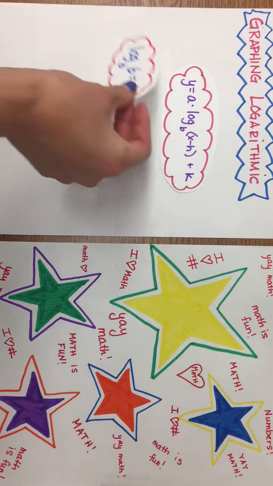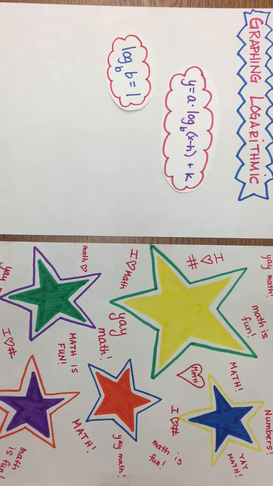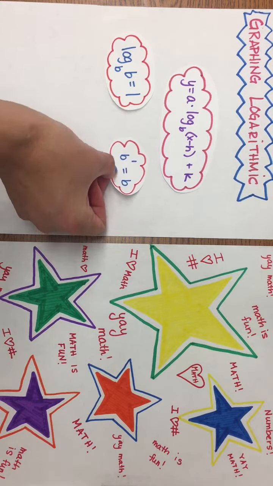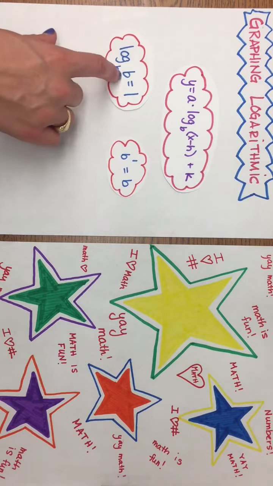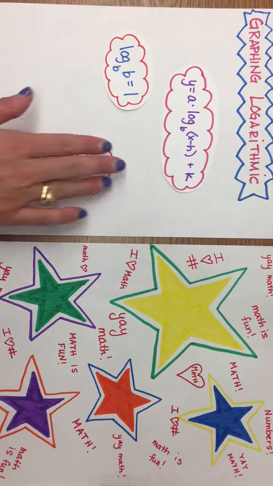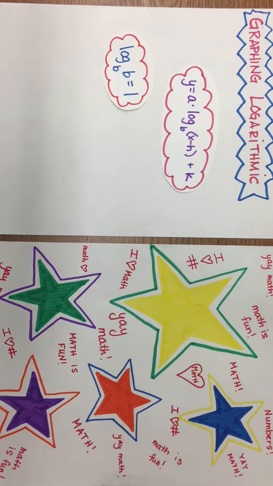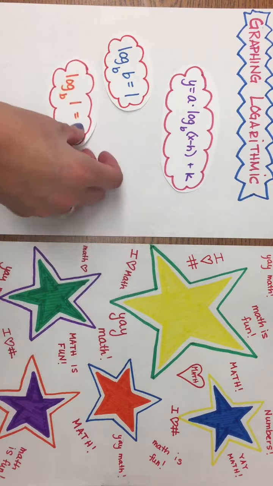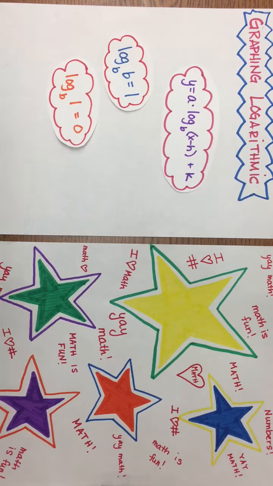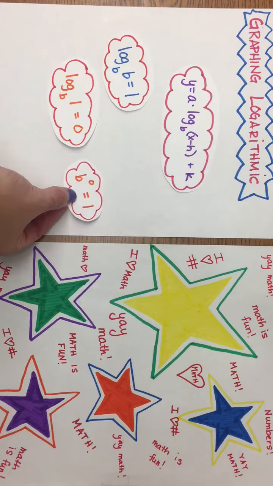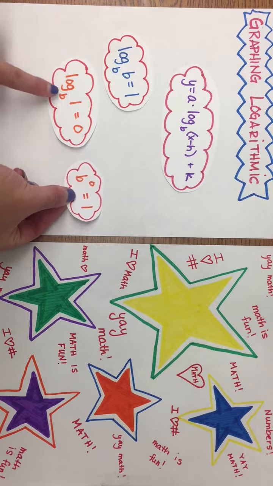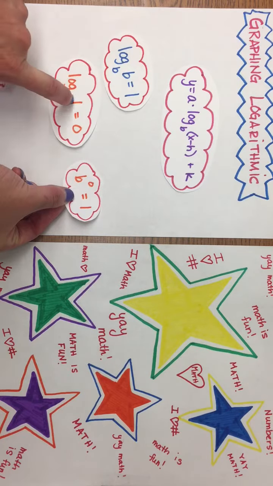We're also going to use a few key logs. Log base b of b is equal to 1. This is equivalent to saying b to the 1 is equal to b. We're also going to use log base b of 1 is equal to 0. That is the same thing as saying b to the 0 is equal to 1.